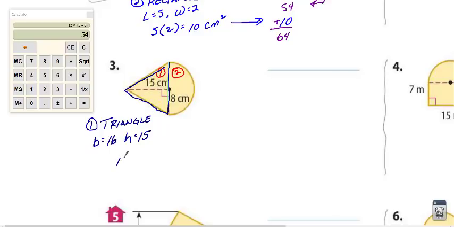So I know the math is going to be 16 times 15 divided by 2, because anytime I'm dealing with triangles, I'm dividing by 2. 16 times 15 is 240 divided by 2, and half of 240 is 120. So I have 120 square centimeters of triangle.